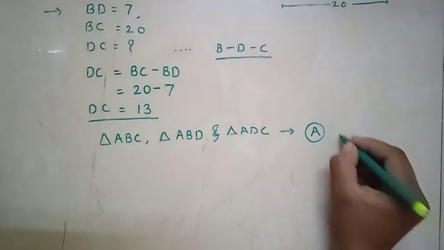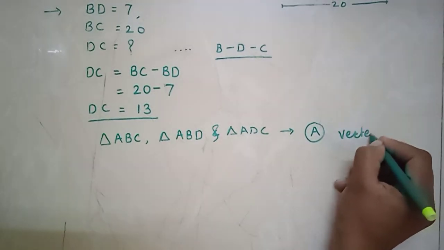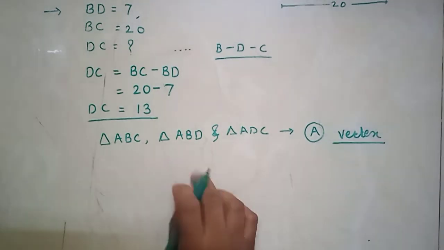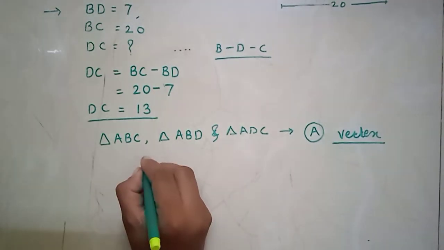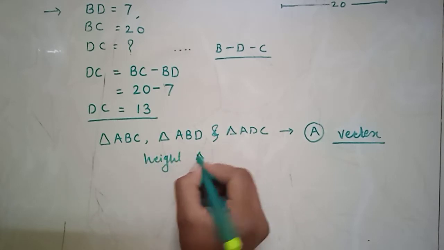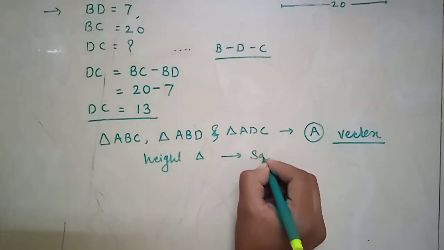The vertex A is the same for all triangles. So we can say the height of the triangles is the same.